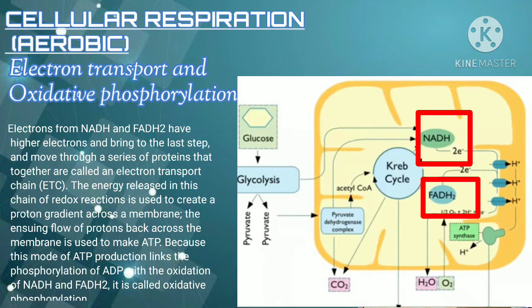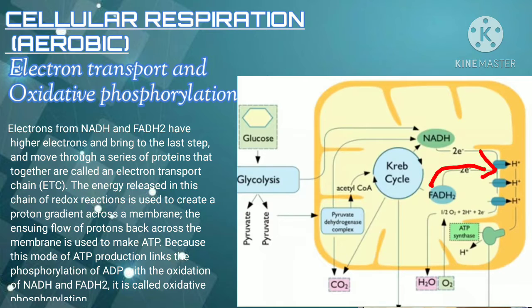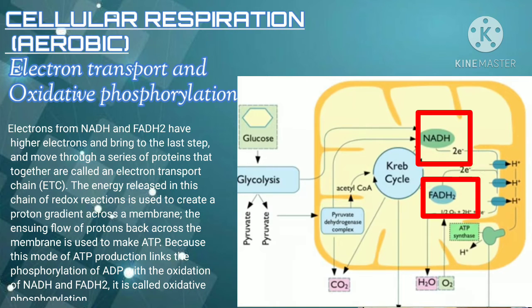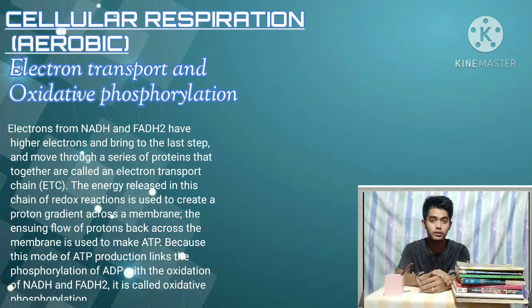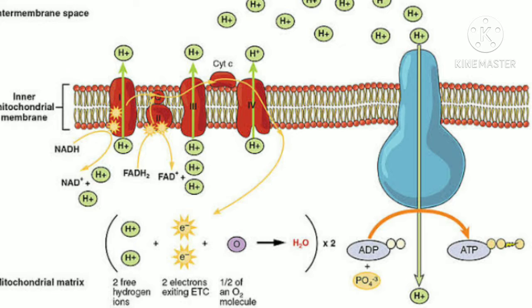The ensuing flow of protons back across the membrane is used to make ATP. Because this mode of ATP production links the phosphorylation of ADP with the oxidation of NADH and FADH2, it is called oxidative phosphorylation. So let's see it closer.